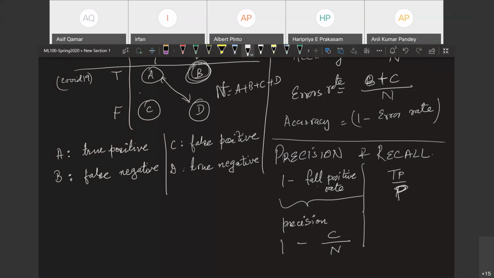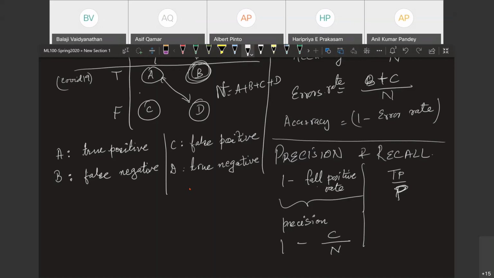So what is, are we getting, guys? If you have to look at A, B, C, D, what is your false positive rate? In terms of A, B, C, D, what is your false positive rate? C. Yeah, it is C. This is false positive.